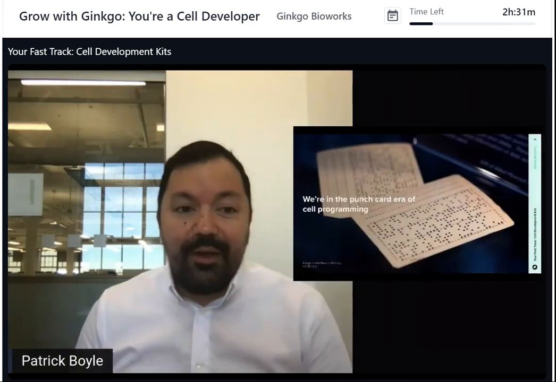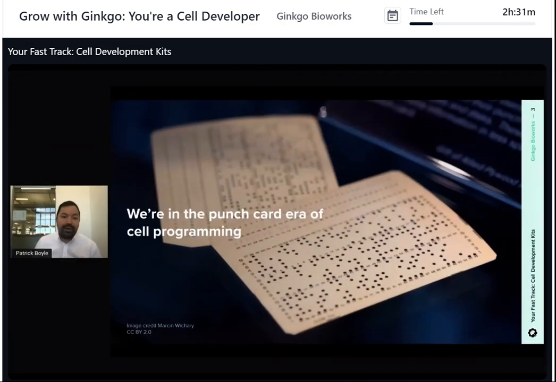Why is this important? I would say that we're in the punch card era of cell programming. So probably like many of you, I did my research in synthetic biology as a graduate student. I spent 5.5 years pipetting small amounts of liquid from tube to tube, and that's basically how I got my work done.